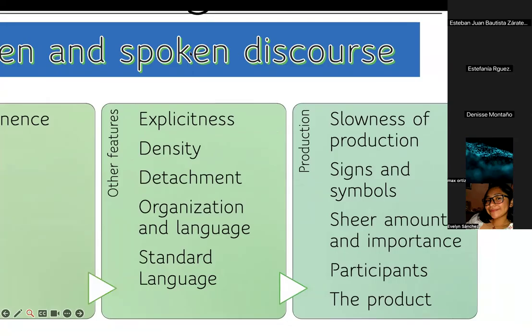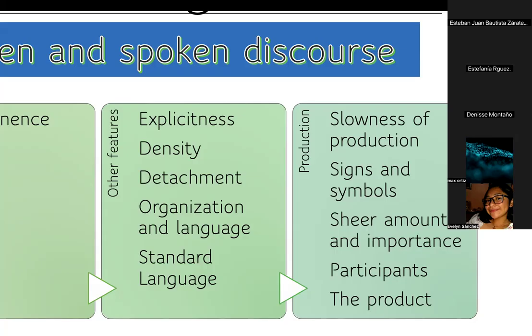aspects related to production. For instance, slowness of production. When you are writing, probably handwriting or on a word processor, you need to start thinking, write a sentence, then think again, write another sentence, think again, and so on.